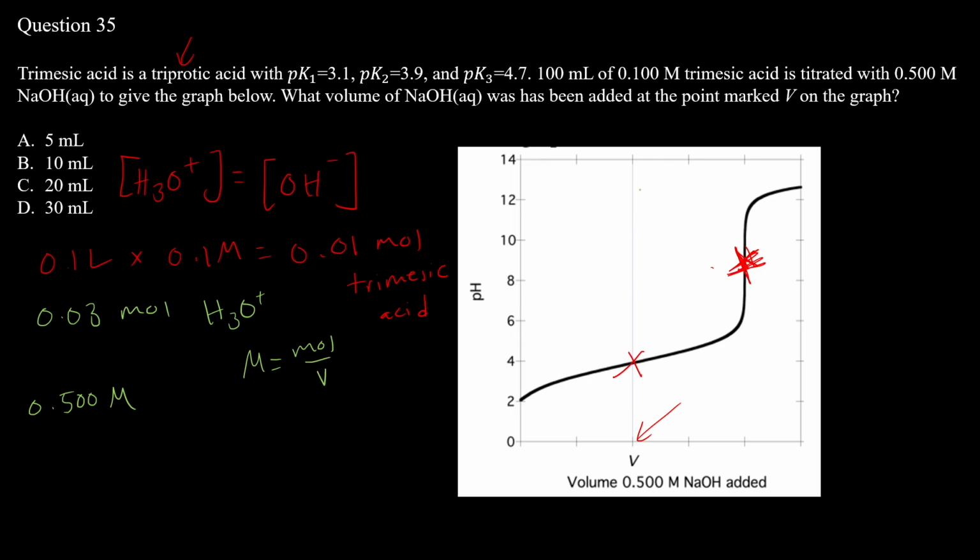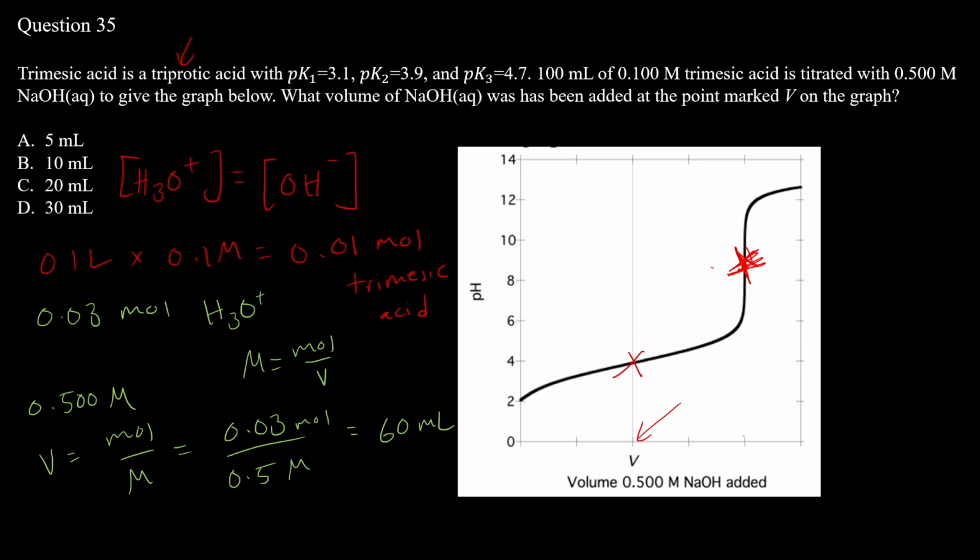Since we're trying to find volume, we need to rearrange this. So volume is equal to moles over molarity. The moles we're looking for is 0.03 of hydroxide divided by the concentration of the sodium hydroxide, 0.5 molar. So the volume that we need is 0.03 divided by 0.5, which is about 60 milliliters.